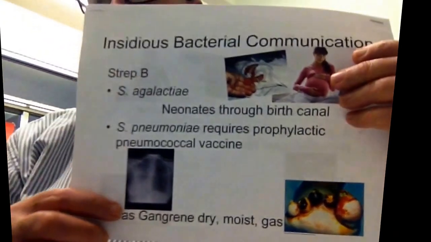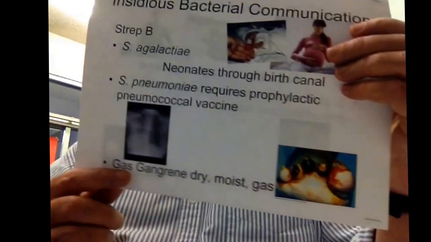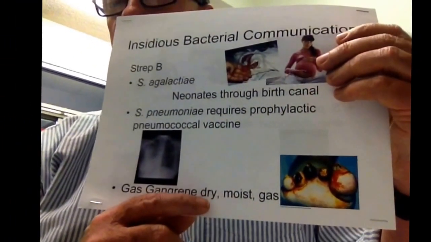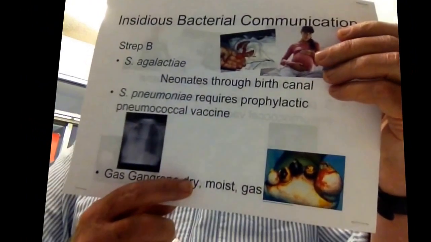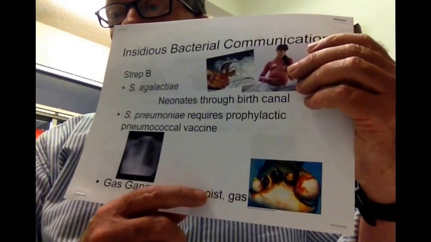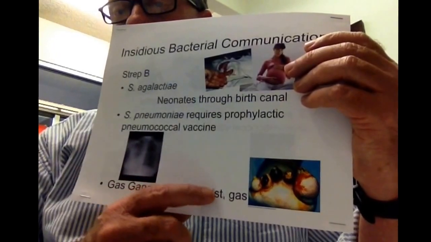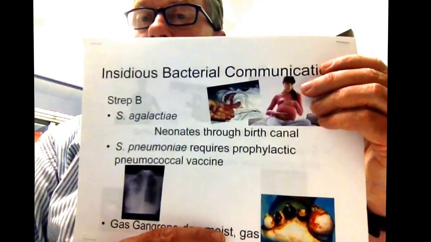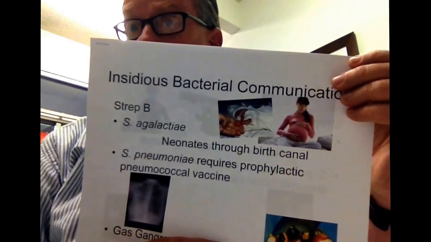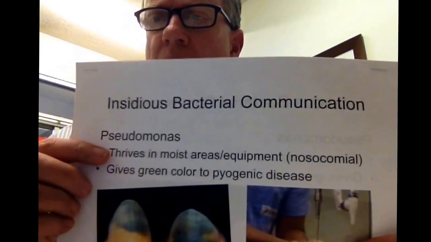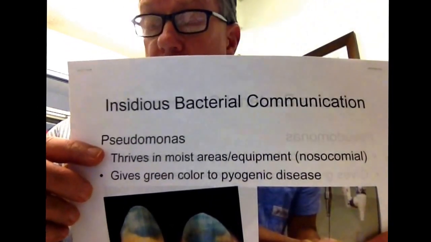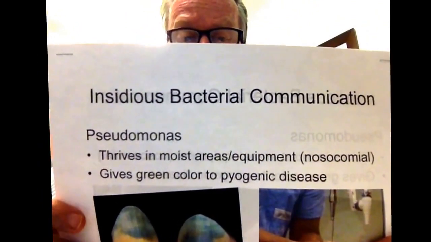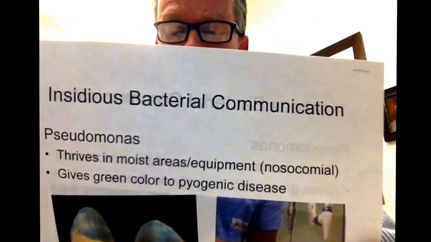Now there are other reasons for gangrene, but gangrene can be classified as dry, which means it's not weeping, moist, where the bacteria thrives in a moist environment, and then gas gangrene, which is anaerobic and flourishes without forms of respiration.